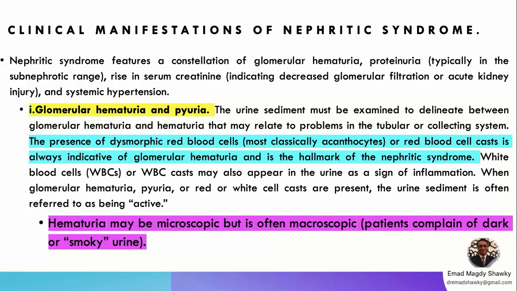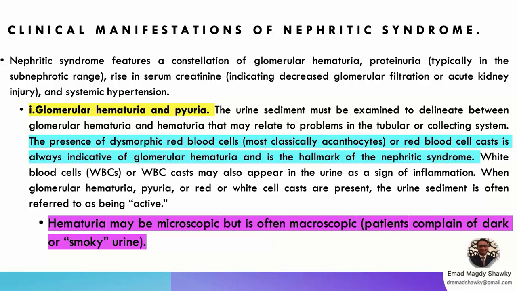The presence of dysmorphic RBCs or red cell casts is indicative of glomerular hematuria and is a hallmark of nephritic syndrome. Hematuria may be microscopic, but it is often macroscopic and the patient complains of dark or smoky urine.